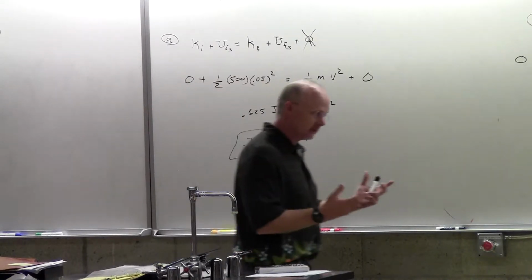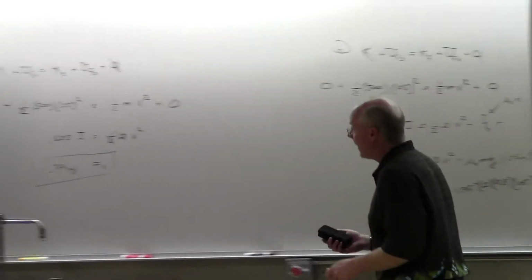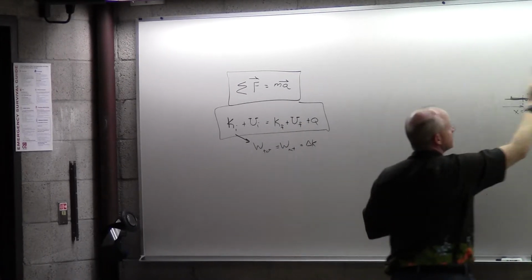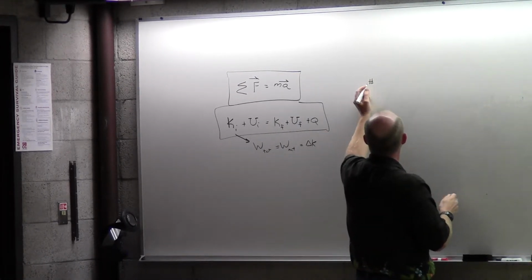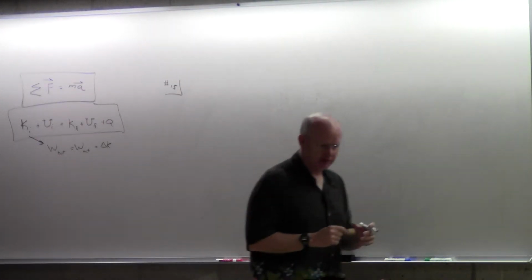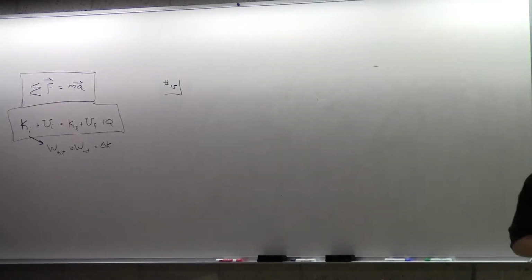Well, how about another one here? Here's one with the crate, and I think this one is going up the hill and has some friction, or maybe it's coming down the hill. But this one has a gravitational potential energy and kind of a different normal one here. So it's number 15.